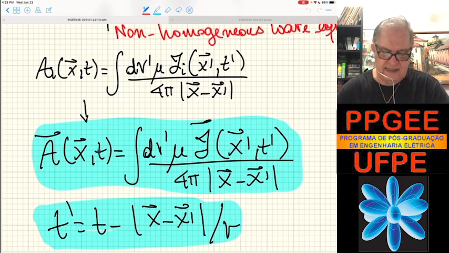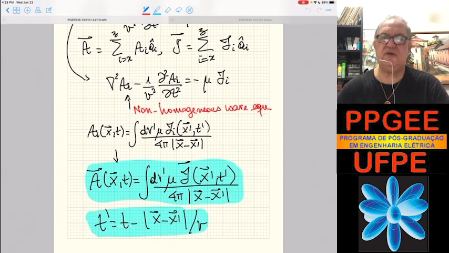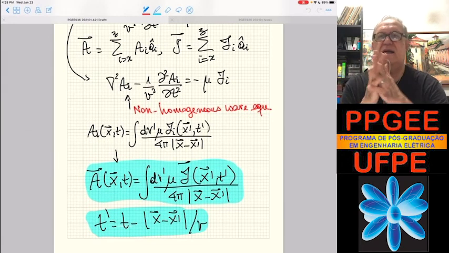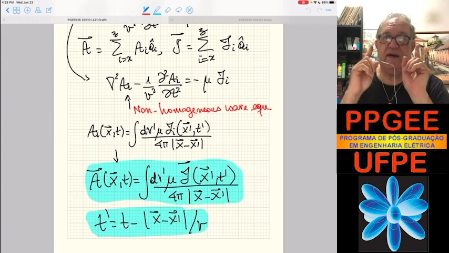The only difference is that the time here has to take into account the time delay. So that's the vector potential, the solution of the non-homogeneous wave equation, general solution for unbound medium.